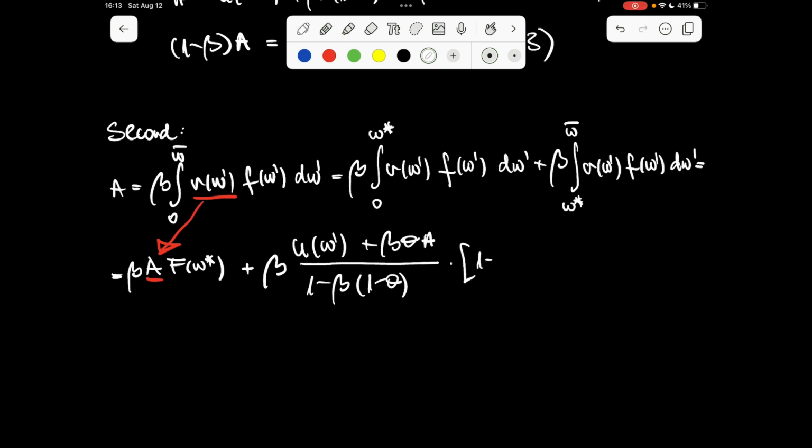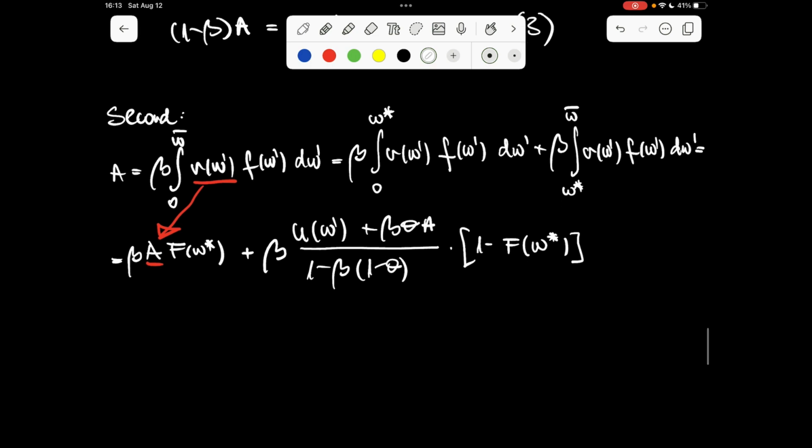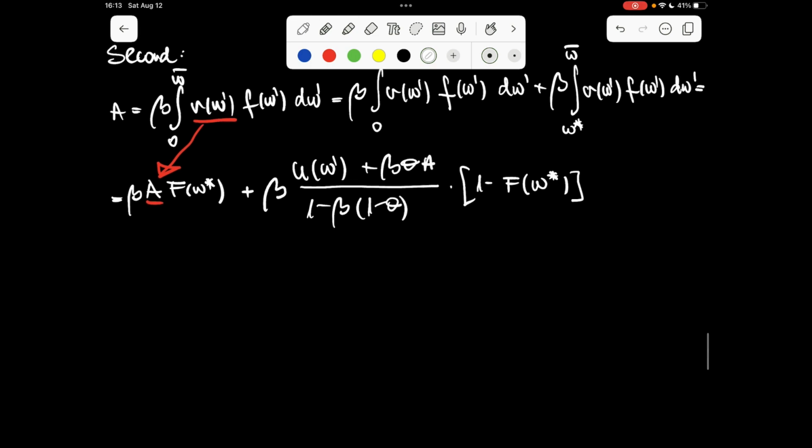And again, we use the distribution function instead of the density function. All right.